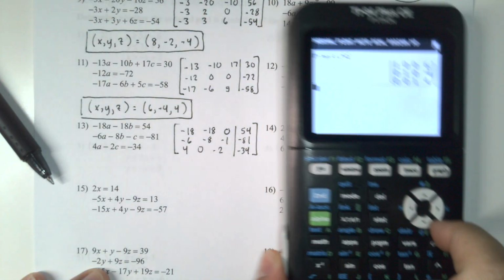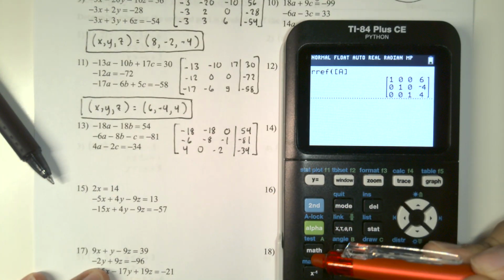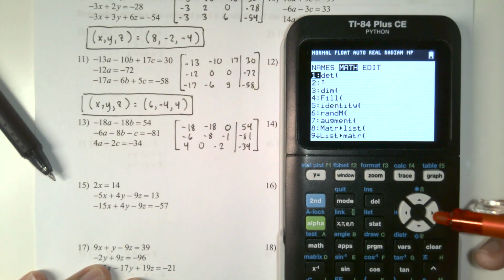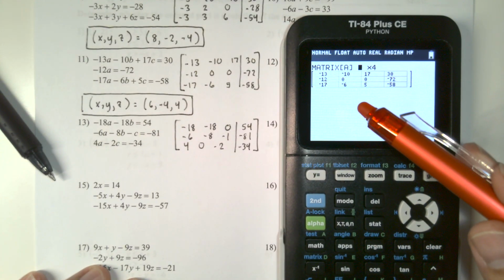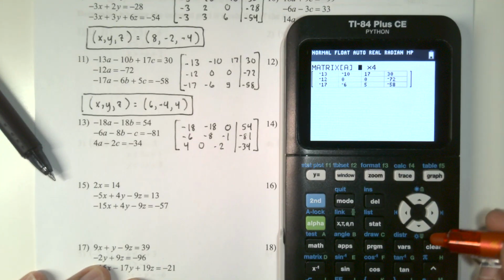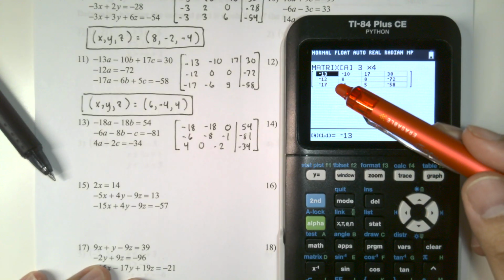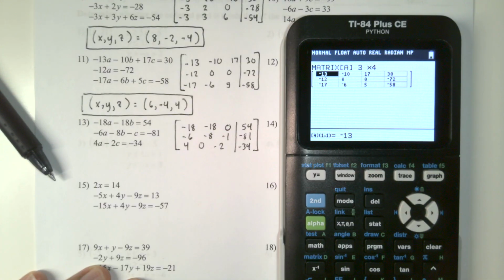So when we go to put this into our calculator, I'll do second matrix. I'll scroll over to edit, and I'm going to overwrite the old matrix from problem 11, and enter in the new numbers. I'll scroll down until we get to this first upper left entry, and overwrite each of these.